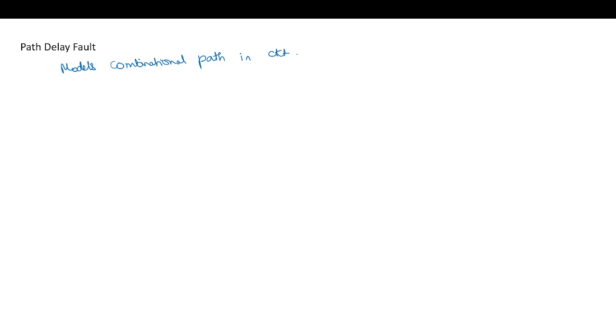So in the path delay fault, we consider a path, and the total cumulative effect of delay along the path.